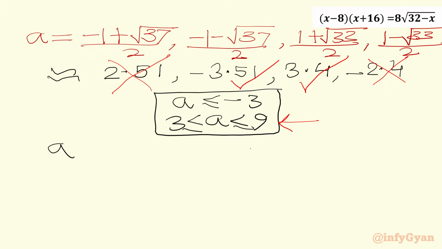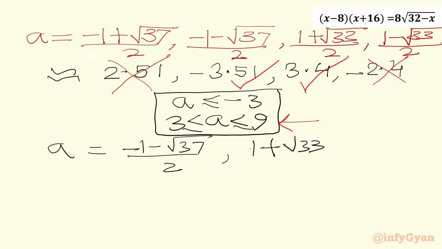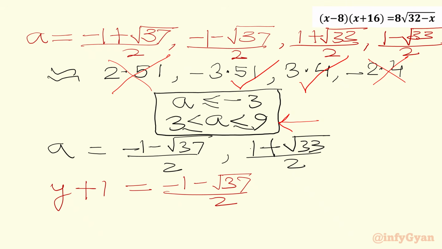So let me write here a equal to −1 minus square root 37 over 2 and 1 plus square root 33 over 2. Now a was our substitution, y plus 1. So here we can write y + 1 equal to −1 minus square root 37 over 2, and 1 plus square root 33 over 2.